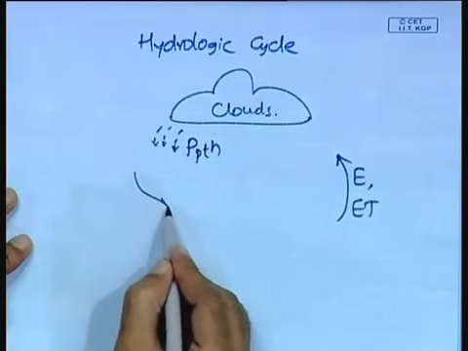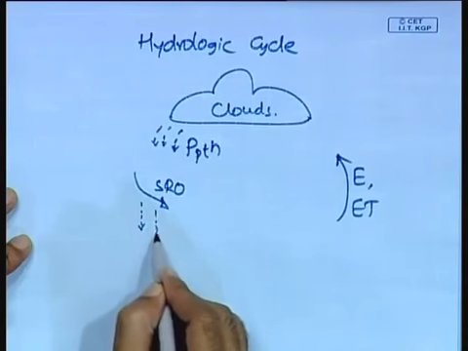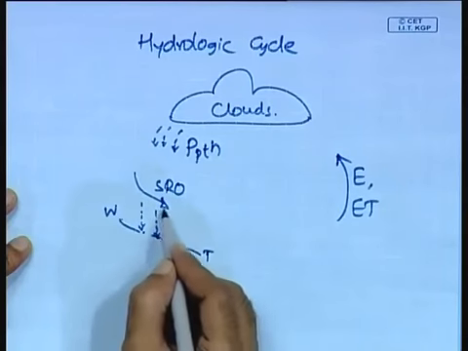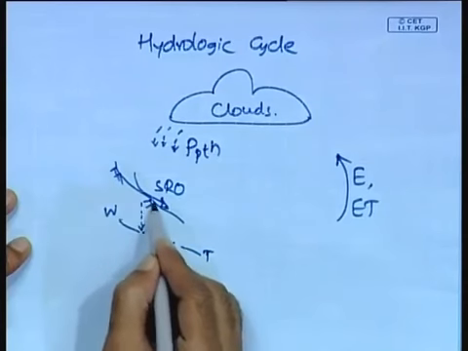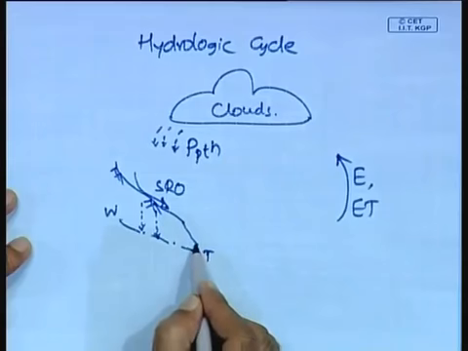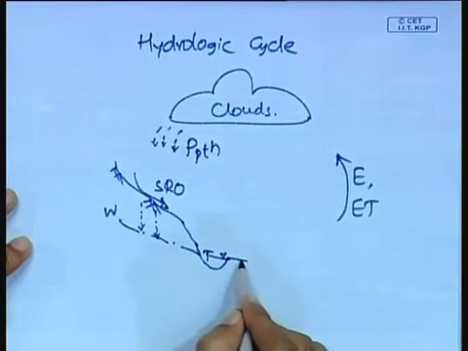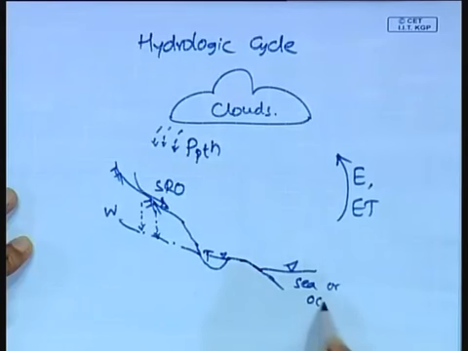Then this is the surface runoff, and there will be infiltration, and here this is the groundwater table, and this is the ground surface. This is the surface water body, and here you can say this is a sea or ocean.